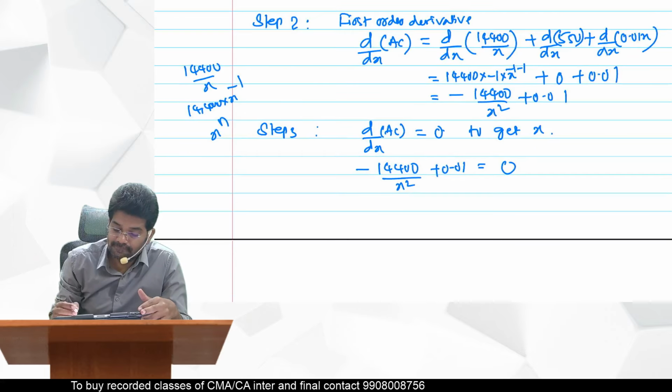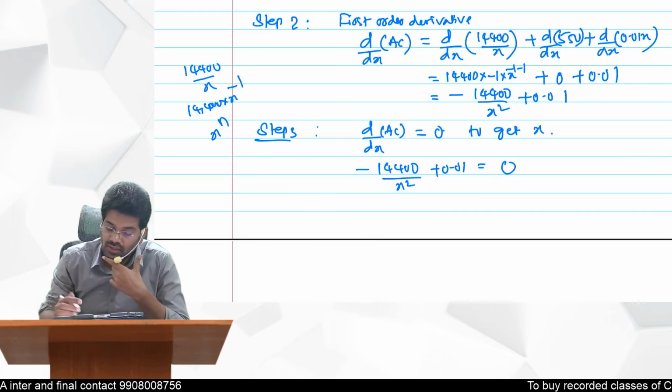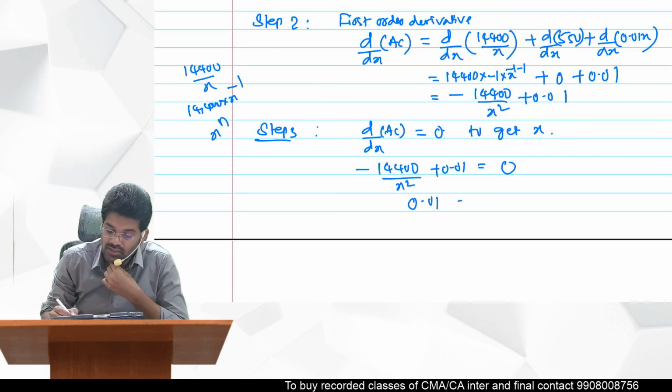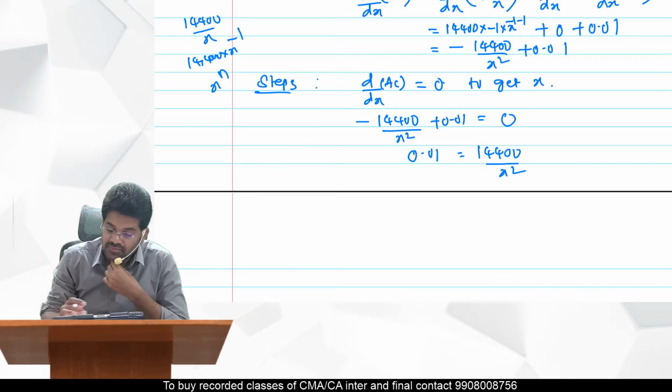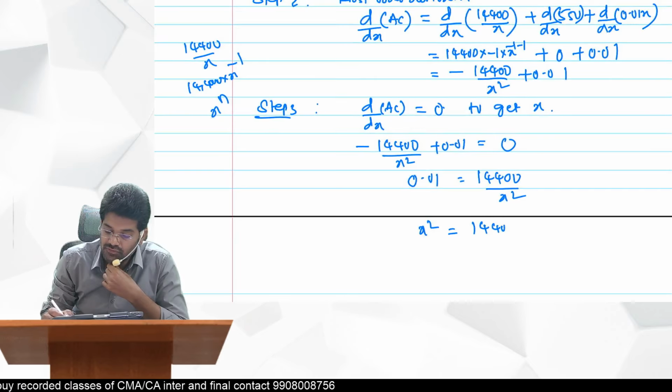Now if this goes that side, that will be positive. So 0.01 is equal to 14,400 divided by x square. Then x square is equal to 14,400 divided by 0.01.